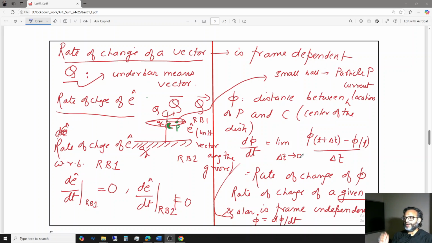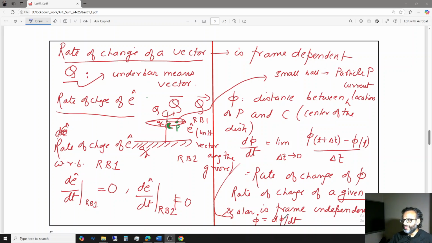Now it turns out the rate of change of phi, the way I have defined, the rate of change of a given scalar, once you define a scalar, the rate of change of that is frame independent. I am repeating. For a given scalar, once you have defined a scalar and then you try to track the rate of change of a scalar, that is not frame dependent. It is frame independent.